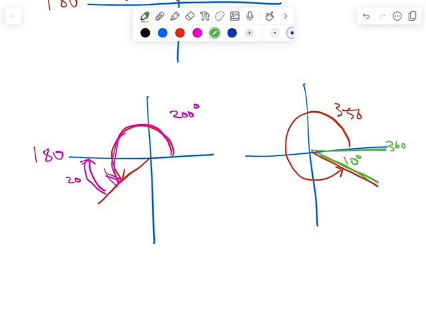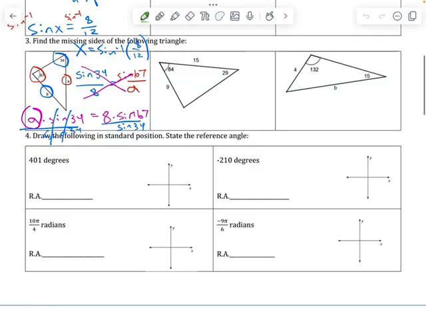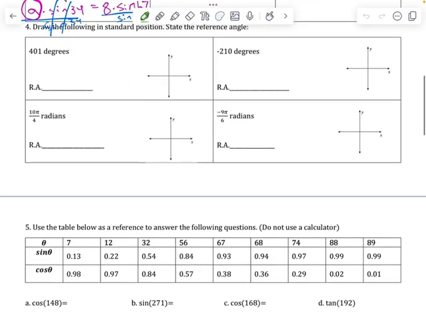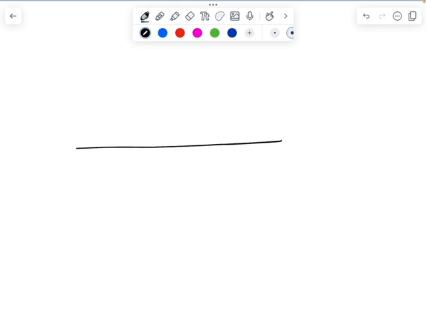Okay, so let's go back to the actual study guide. Here's one. Let's do some of these reference angles. 401 degrees. Let's actually go back to this one and use some more space. So 401 degrees. This is 90, 180, 270, 360.